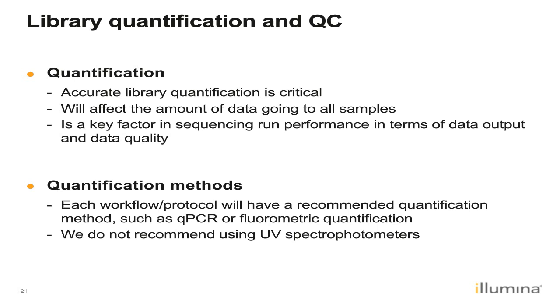Precise quantification is necessary to ensure that the correct amount of sequencing data goes to all samples and that the sequencing output and quality are high. Each library preparation workflow will have recommendations for quantification, typically qPCR or a fluorometric method like Qubit or PicoGreen. And we do not recommend UV-based methods, as these do not have a high enough level of accuracy for sequencing.